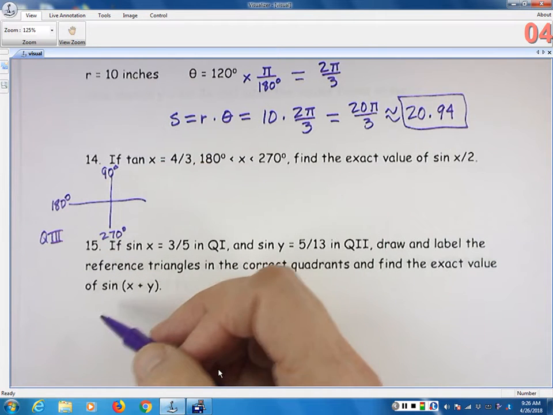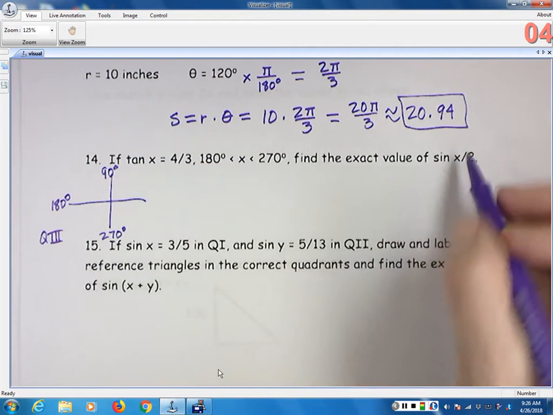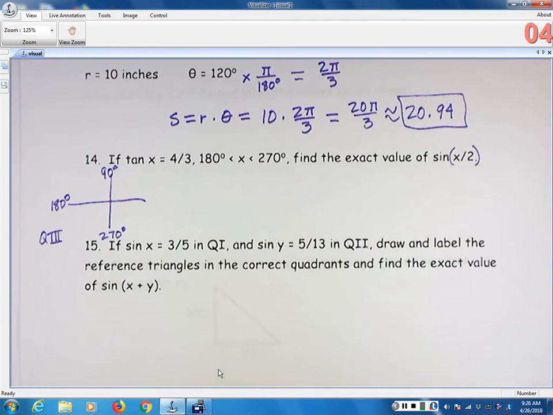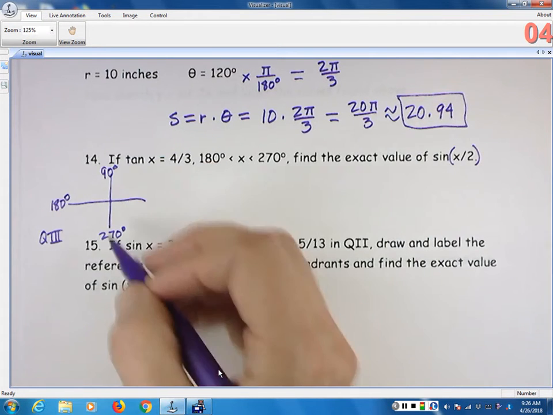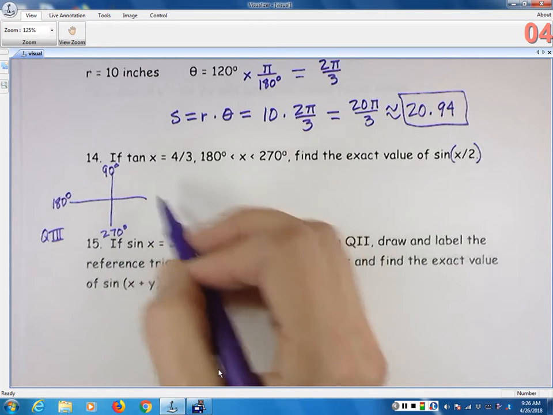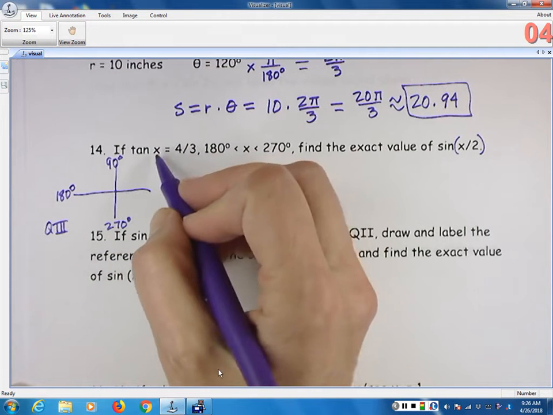Find the exact value of sine of x over 2. Okay. This is the half angle formula. All right, so we have to draw the picture in the right quadrant.